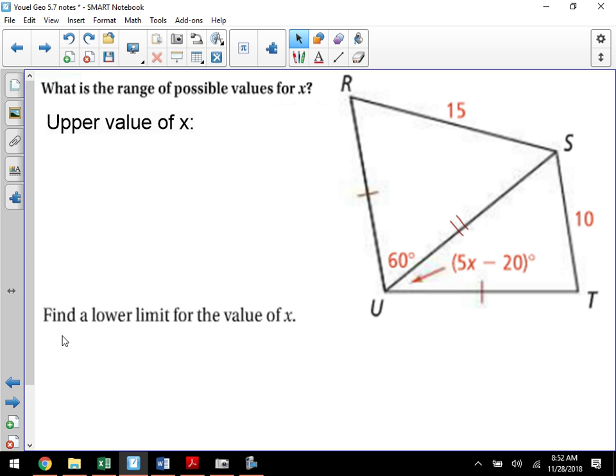Find the upper and the lower value of x. Remember how we did that the other day when you were given two side lengths of a triangle, find the third? We would add them and subtract them to figure out what possible values it could have. This is the same idea, but we're dealing with angles now. I'll give you a second to draw that up, and then I'll walk you through how this works. It looks really weird, but it's very easy.